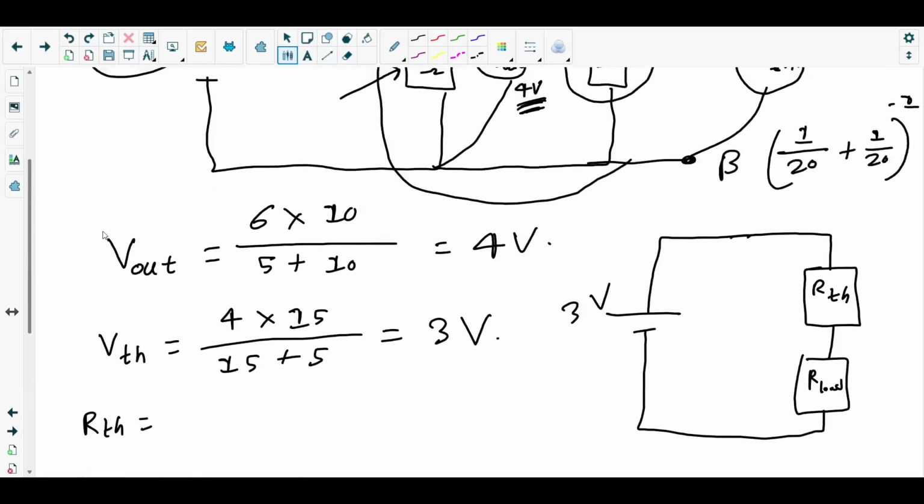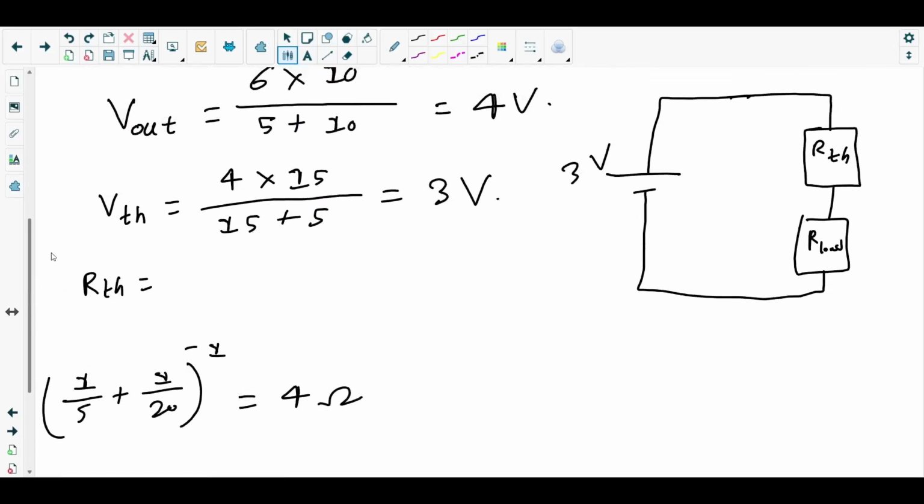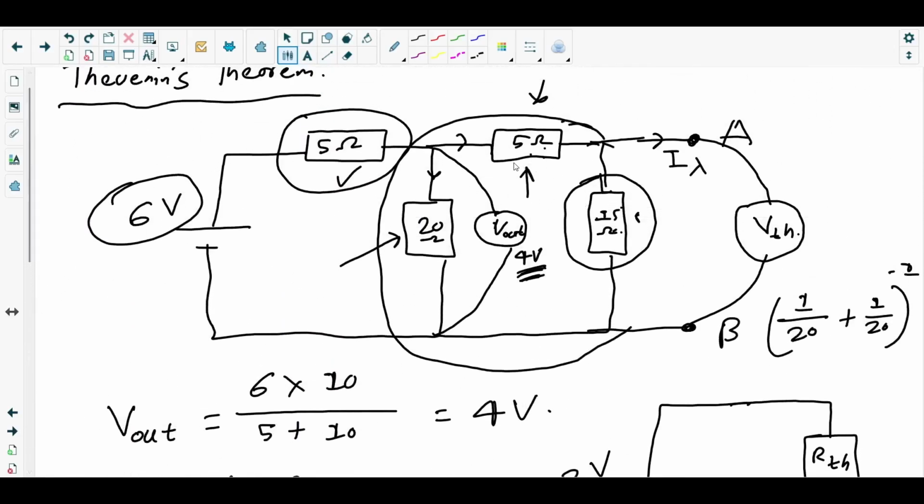So 4 plus 5, it's basically 9, right? And then we have the 15 ohm resistor. So this 15 ohm resistor will be in parallel with this 9 ohm, because from this combination we got 4 ohm, and this 4 ohm adds with this 5 ohm to give you 9 ohm.